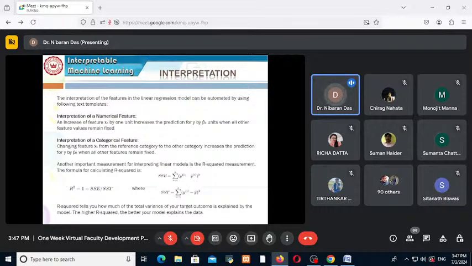Here SSE is the sum of squared errors, the sum of y i minus predicted y i, squared, and SST is the total variance, the sum of y i minus y mean, squared.